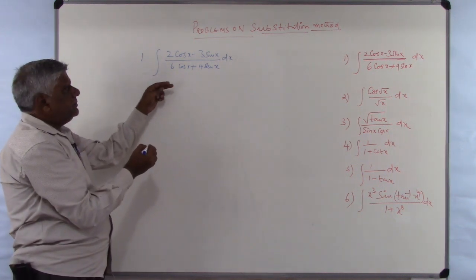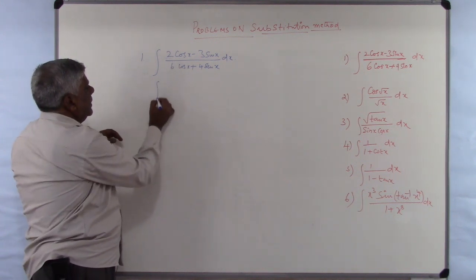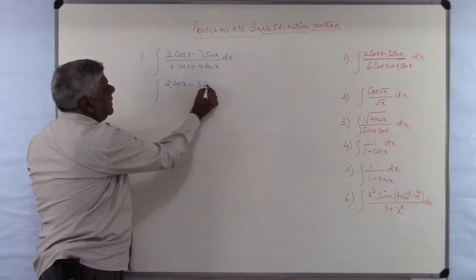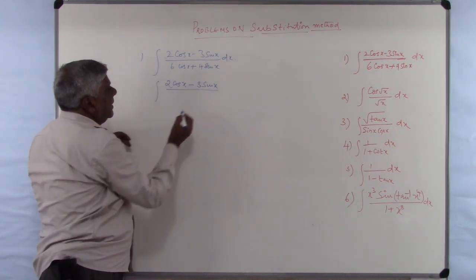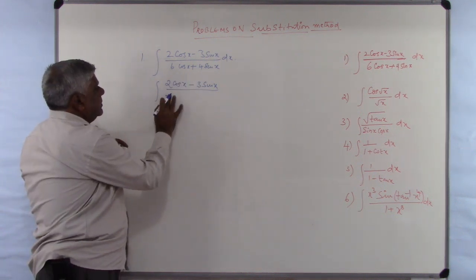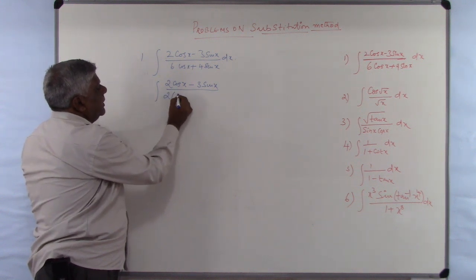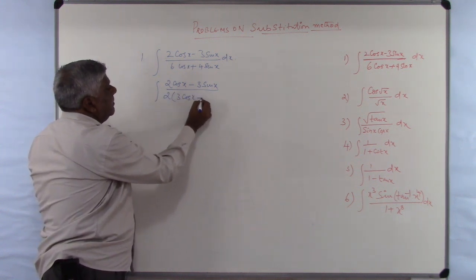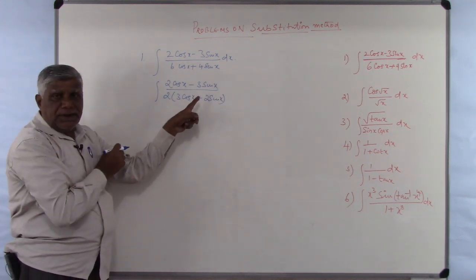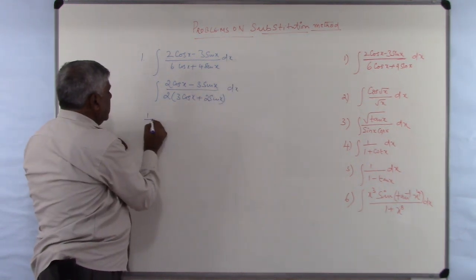See here, I am going to take common. 2 cos x minus 3 sin x divided by, in this I am going to take 2 as a common, so 3 cos x plus 2 sin x will come. So now into dx. Now I am going to take half outside.